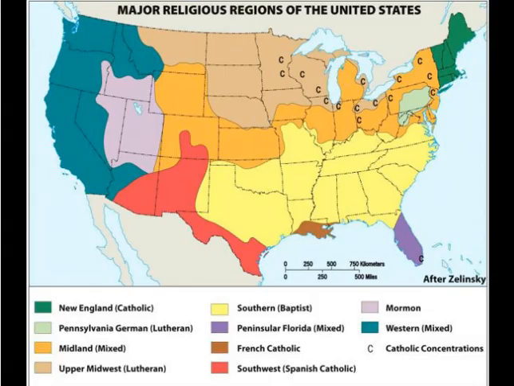And so this is a map that shows where different religions are practiced in the United States, or are more focused. We can see the purple out in the west, what I was talking about, the Mormon region. You can see the Spanish Catholic influence in the southwest. You can see the French Catholic down in Louisiana. In the south, big-time Baptist, down there in what we call the Bible Belt.